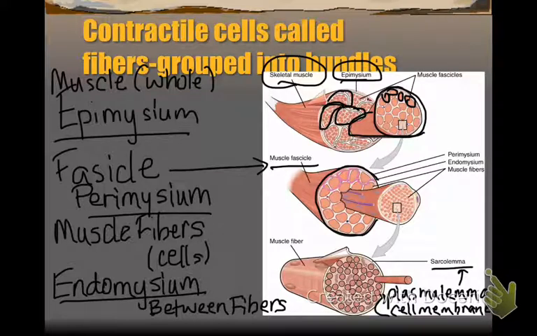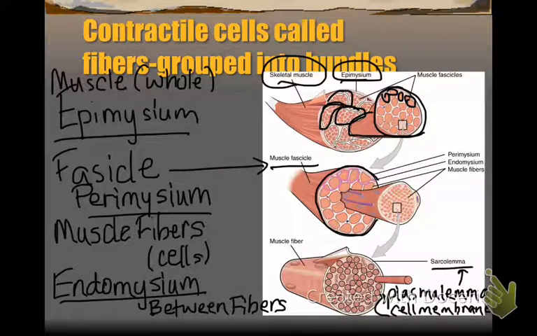Are you guys lost? Okay. So we're talking about levels of organization. We're going from biggest to smallest, from gross to microscopic. So the gross anatomy, the whole muscle as a whole is wrapped in the epimysium.